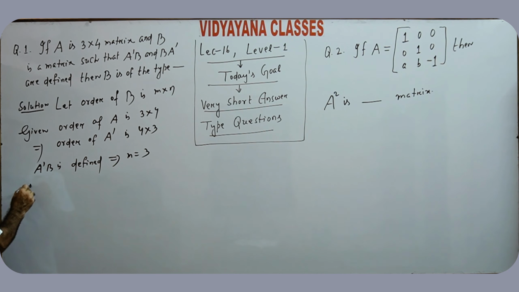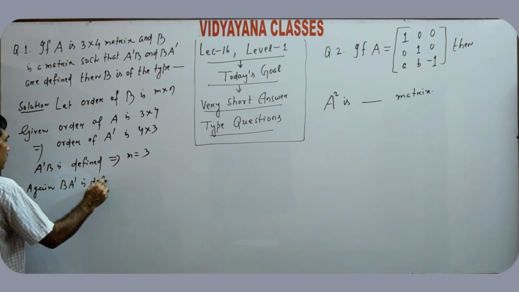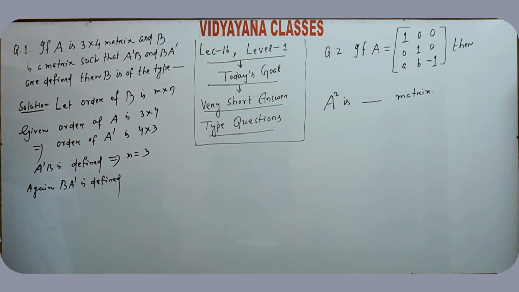Again, B A dash is defined. Column of B is equal to row of A dash.